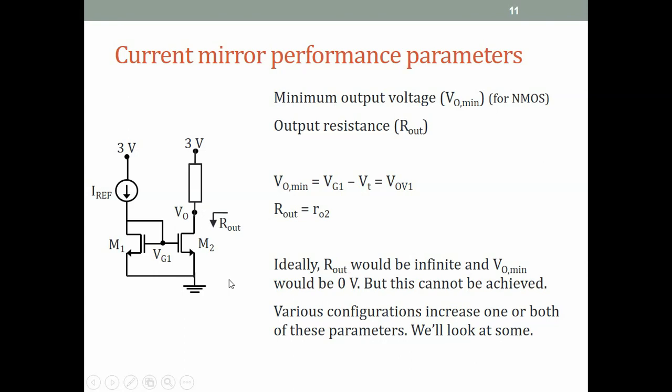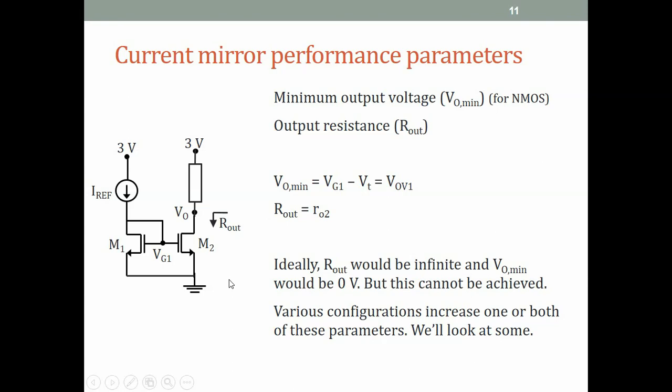There are two major parameters that are used to characterize these current mirror circuits acting as current sources. One obvious characteristic a current source must have is that its equivalent output resistance, or the Thevenin's resistance looking into the output terminal, must be as large as possible because it's a current source.